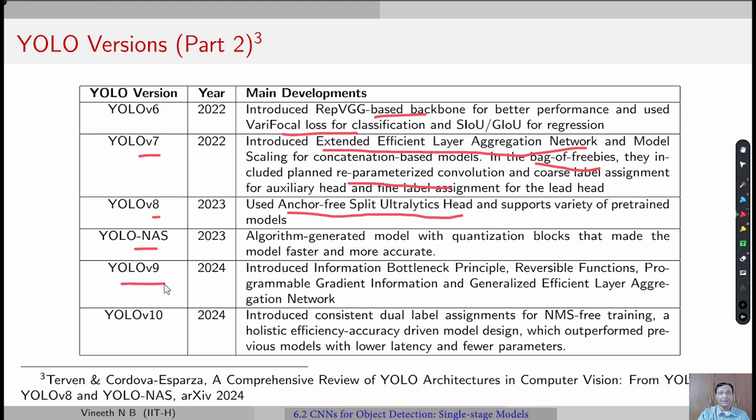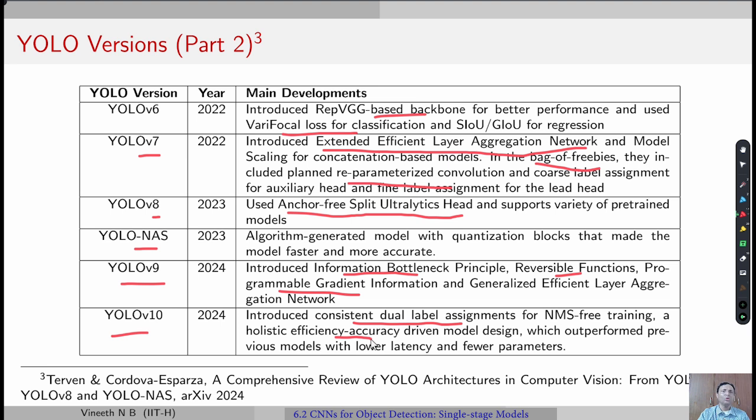Then more recently in 2024, YOLO v9, which brought in the information bottleneck principle, reversible functions, programmable gradient information, and so on. And finally, the most recent version of YOLO, which is YOLO v10, which introduced consistent dual label assignments for NMS-free training, no non-maximum suppression. And this brought in significant efficiency into their model.